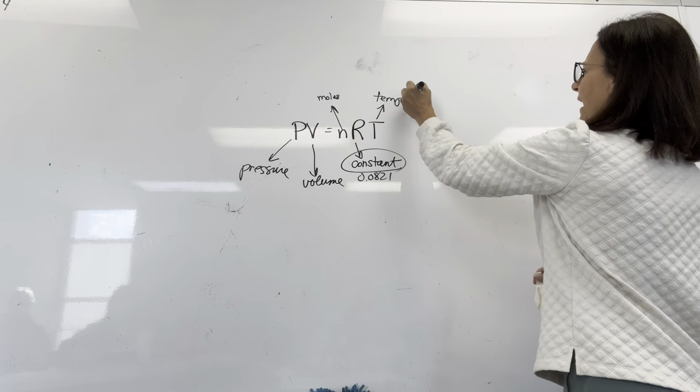We are going to have two sets of values, and you're going to have to cross multiply and solve for one. I'm going to ignore the constant and the number of moles.